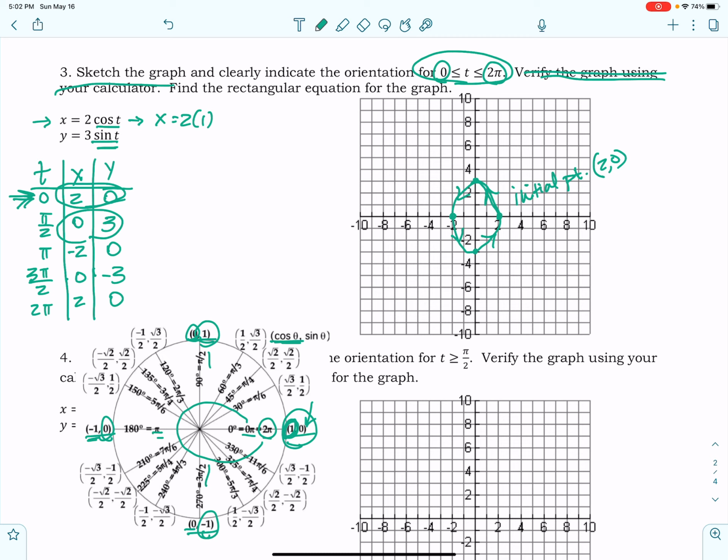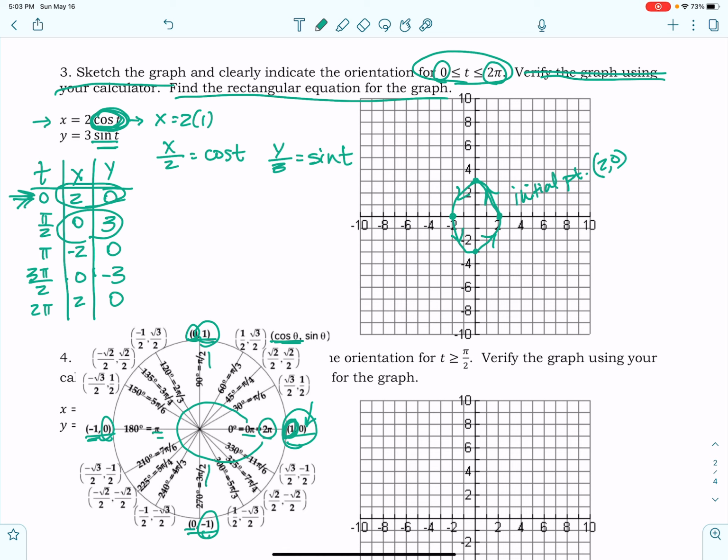All right, so finding our rectangular equation is a little trickier for these than it was on the others, because we can't solve for t here. We can't isolate t, but we can isolate cosine t and sine t, so let's do that. So x over 2 would equal cosine t, and y over 3 would equal sine t.